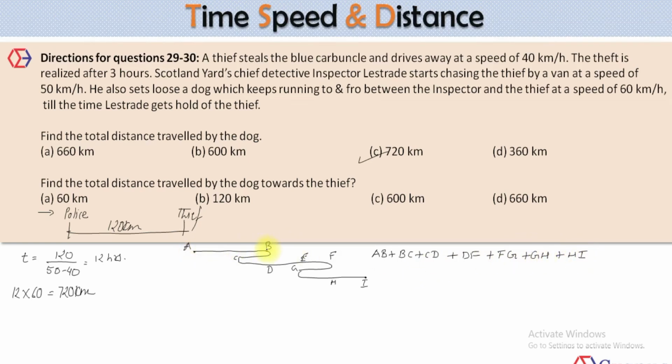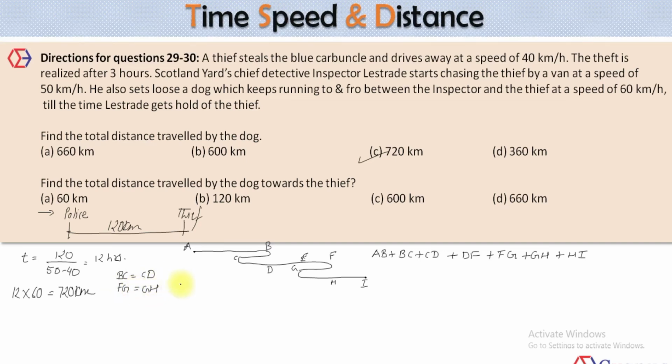This was how much? AB. Then I took it equal to BC plus CD, then DF, FG plus GH plus HI. And if you look at this figure carefully, you can say that BC must be equal to what? CD. Similarly, FG must be equal to GH.